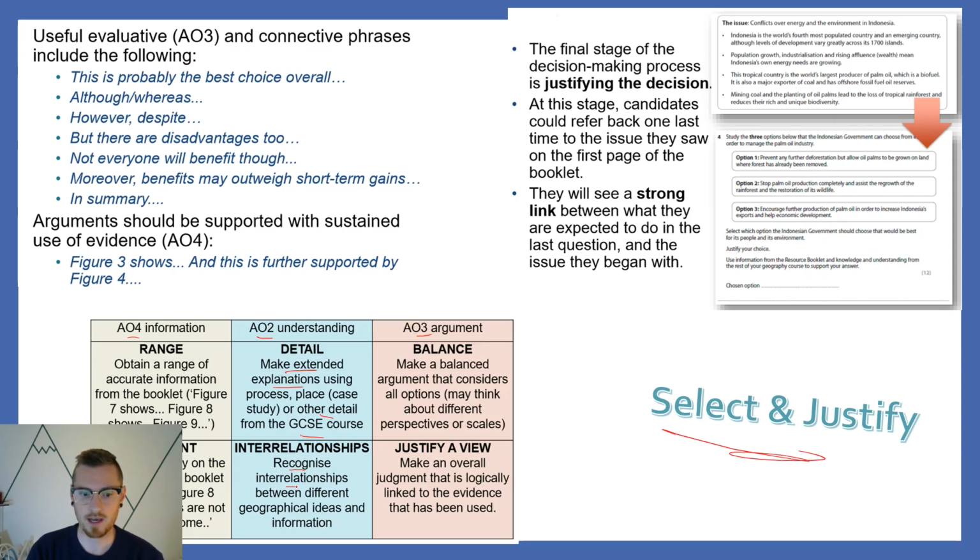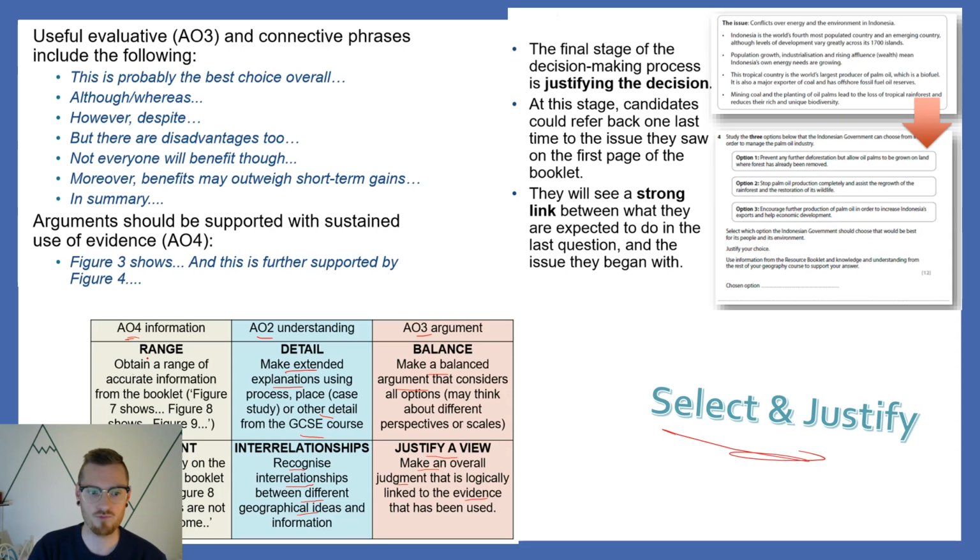Can you recognize and make relationships and connections between different geographical ideas and information across multiple topics that you've been taught? AO3: can you make a balanced argument and ensure you justify your view, making an overall judgment using evidence from the resources? This is evident by Figure 3, which is also supported by Figure 9.